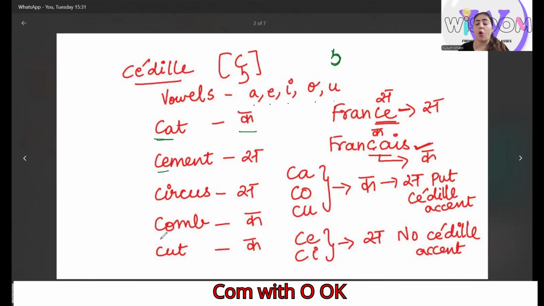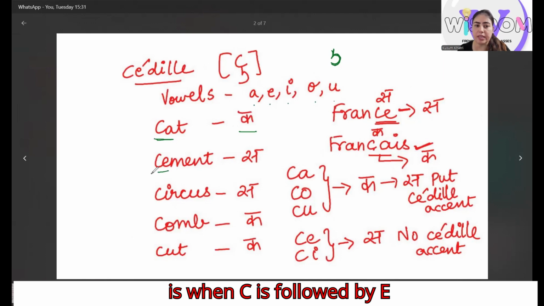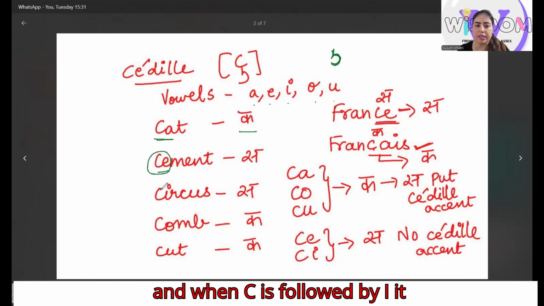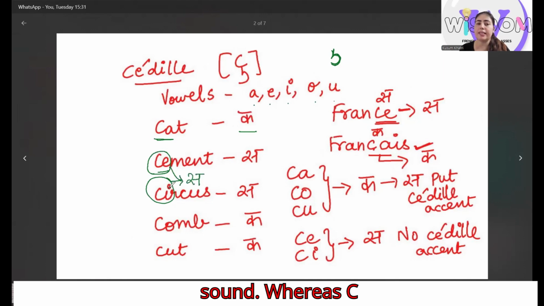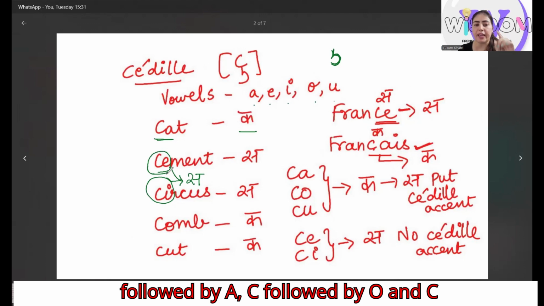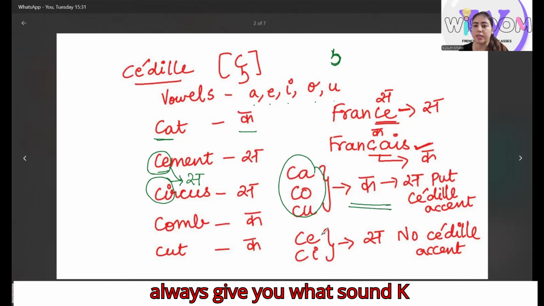Comb with O, k sound. Cut, k sound. So what I conclude here is when C is followed by E and when C is followed by I, it gives you the S sound.